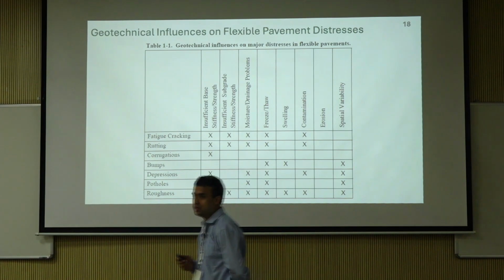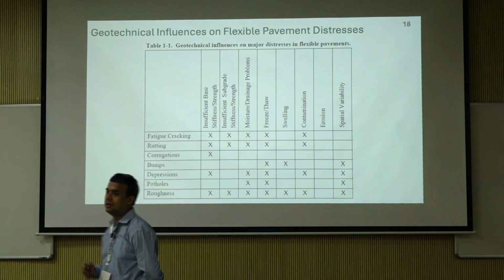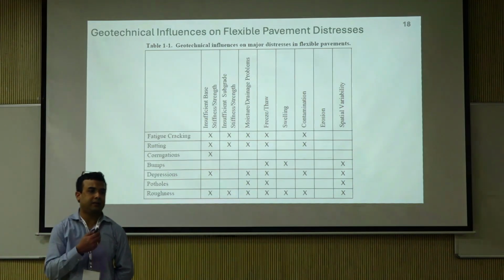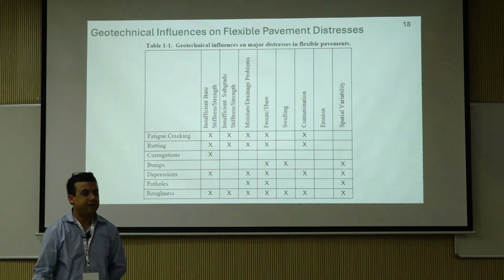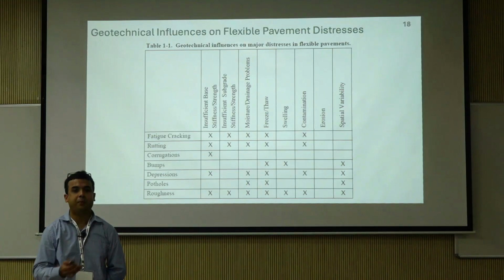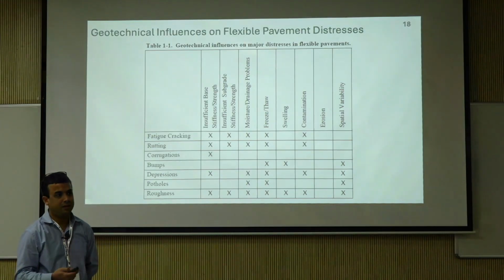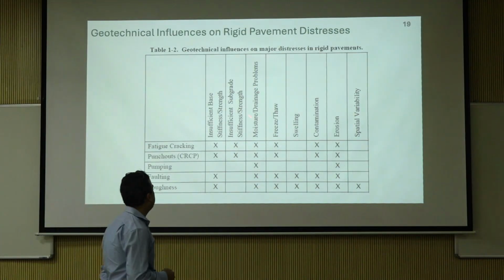So you just have to be careful when constructing, because if you have an infected wound, no matter how many band-aids you put over it, it's not going to be fixed. You need to cure it, right? So there is no other cure.